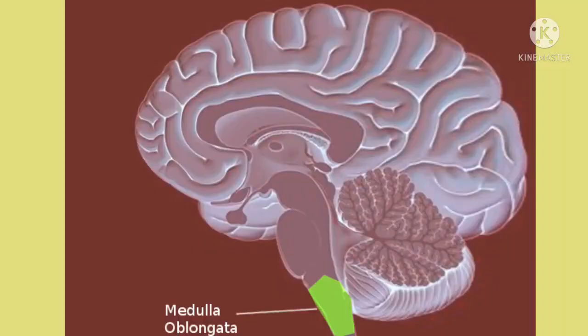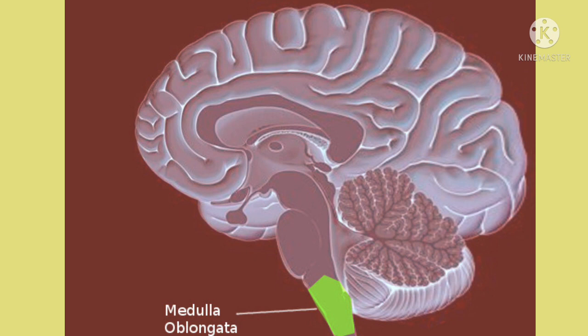Next, the medulla oblongata. The medulla oblongata is the posterior most part of the brain. If any organism has two parts, one is anterior and the other is posterior. The upper part is called anterior and the lower part is called posterior.